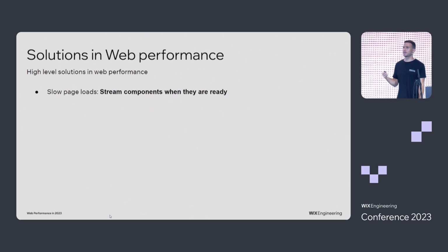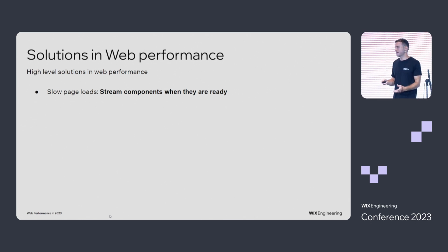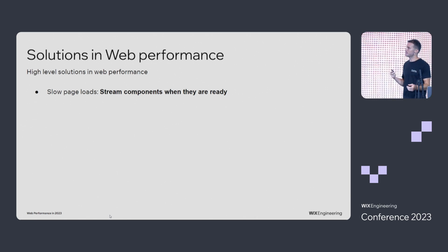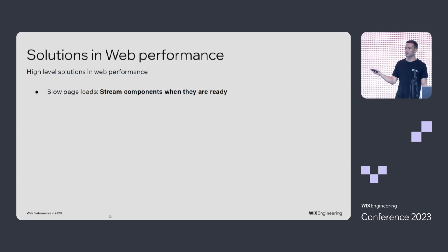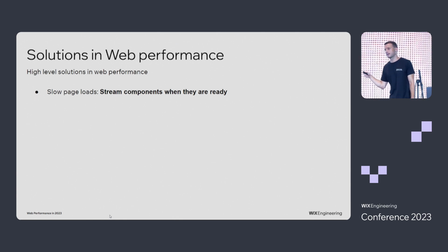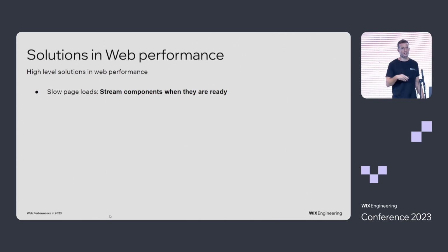What we can do is use a capability that we have had in the web for a long time, but it's becoming more and more popular, especially in Node.js. You can stream HTML to the browser. So you can stream components that are ready, fast and small, before other components that are slower and require more data.